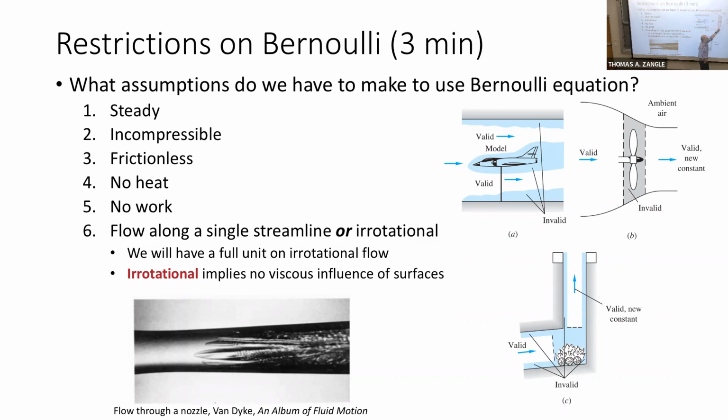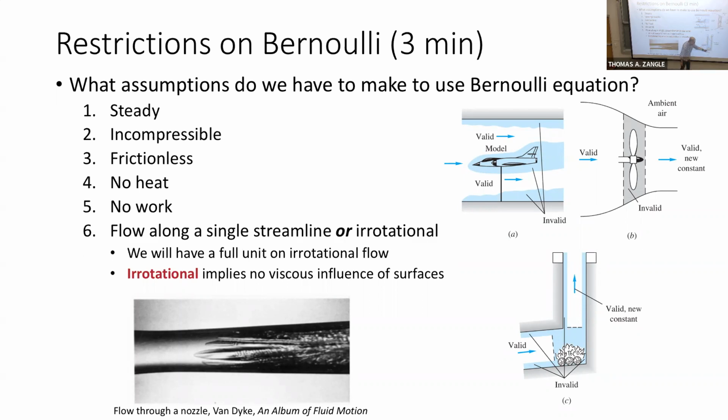But we would have to note that as we have this blade in here, we're going to have some shaft work entering or leaving the fluid. That's going to change the energy of the fluid, and so that would change the constant in our Bernoulli expression. But the Bernoulli equation would help us explain what's going on here as well.